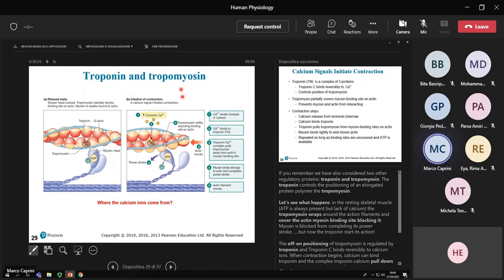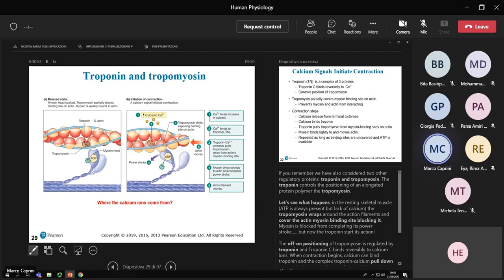But now, when calcium is present inside of the cell, when the calcium concentration rises inside of the cytoplasm of the muscular cells, what happens? The increase of cytosolic calcium permits the contraction. The calcium binds in which way?